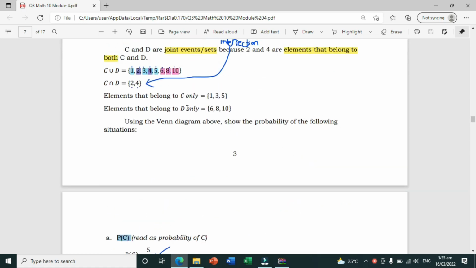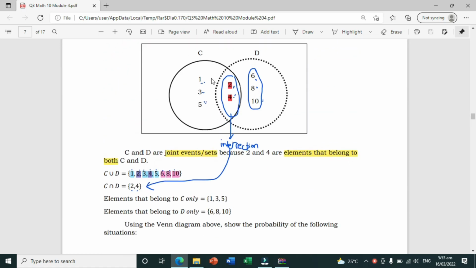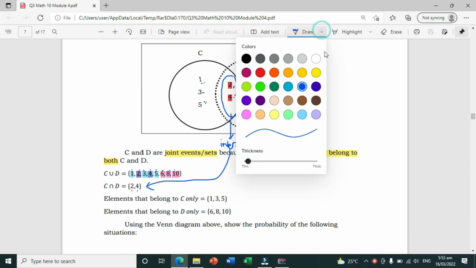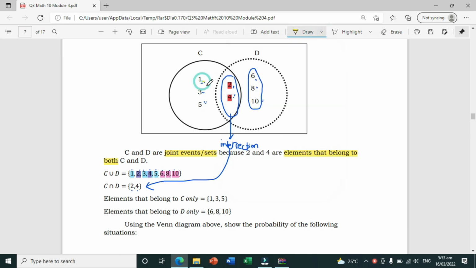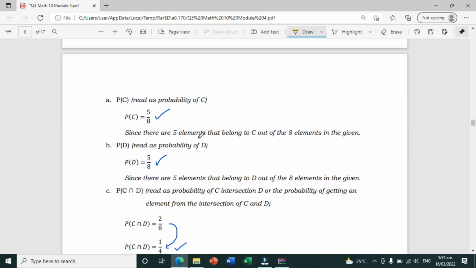So, babalikan natin. Ang C natin, we have 1, 2, 3, 4, and 5. So, yan yung C. Out of ilan ba ito lahat? So, 5, 6, 7, and 8. So, there are 8 elements lahat. So, 5 over 8, yung probability na C yung mapipili.